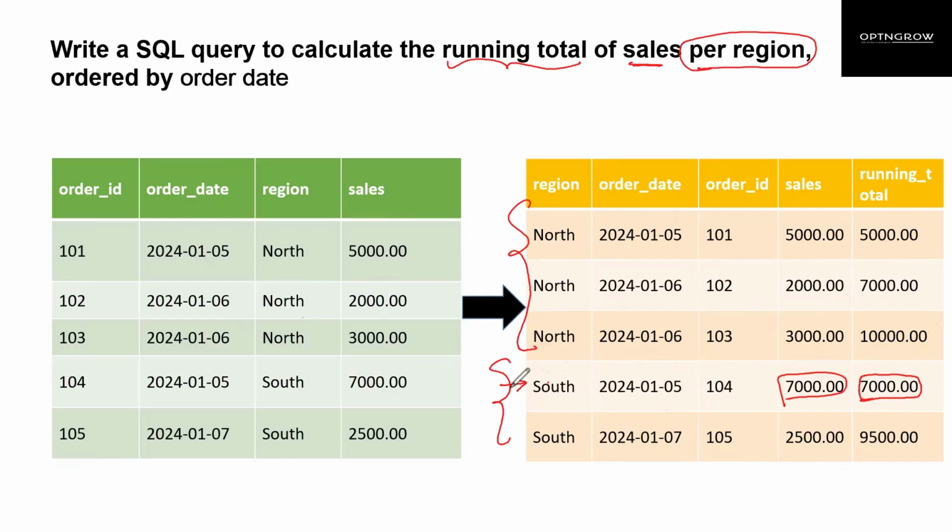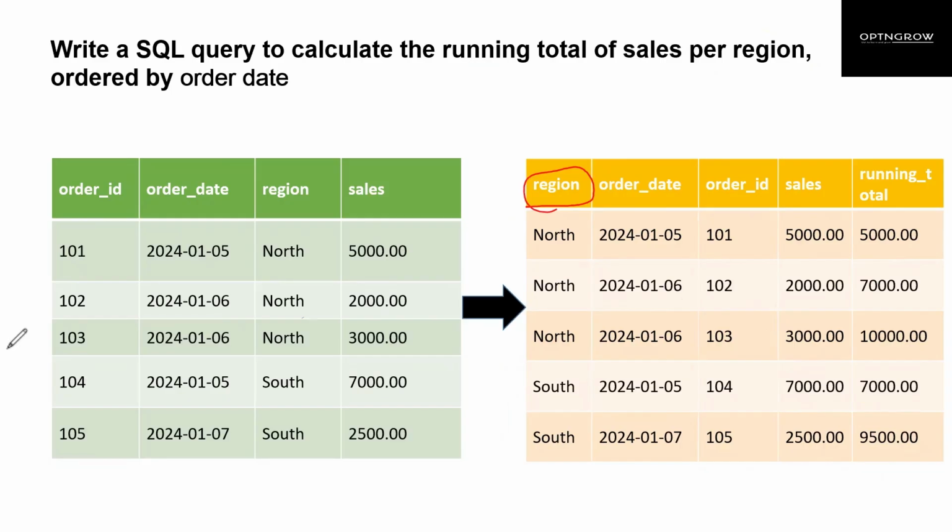South is a different region than north, so it takes a separate window. So it's 7,000. For the next row, it's very simple, 7,000 plus 2,500, which is 9,500. I hope I'm clear with the running total. Again, it simply means the cumulative sum of values up to a certain point. In our case, that point is region.